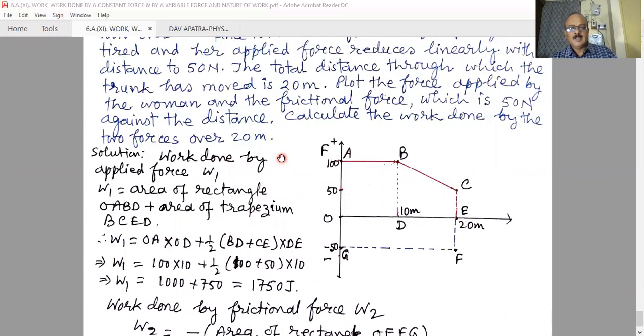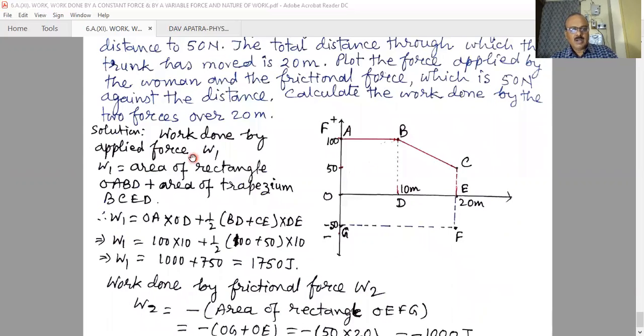There are two types of force. One is the friction force. Work done by the applied force, let us suppose W1, is the area of the rectangle plus the area of the trapezium. The area of the rectangle is 100 into 10, plus the area of the trapezium BDEC, that is half into the sum of the two parallel sides into the distance between them.